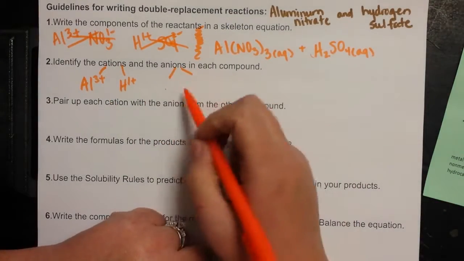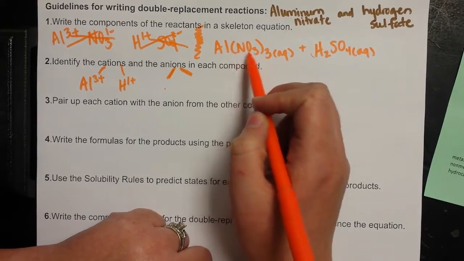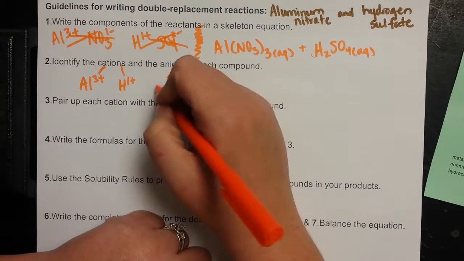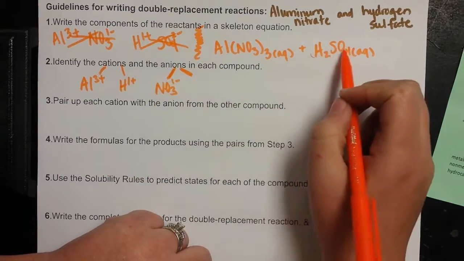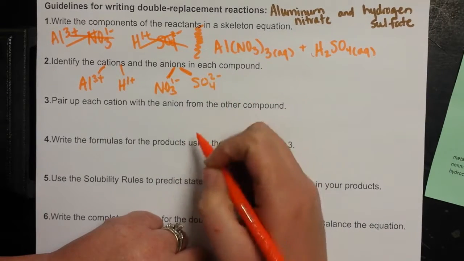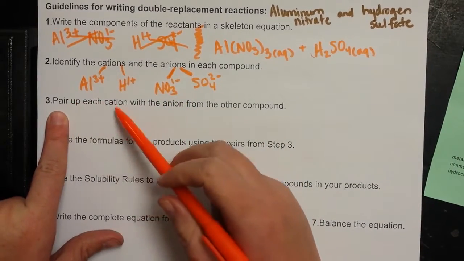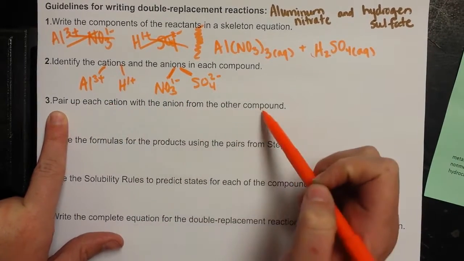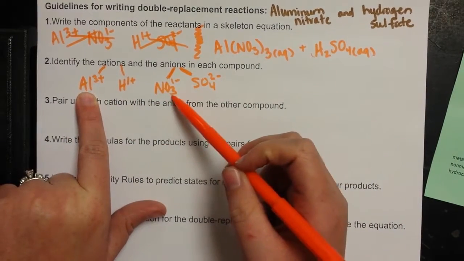And here's the other set, the anions. The anion from our aluminum nitrate would not be aluminum, so it must be nitrate, NO3 1-. And then we've got sulfate over here, SO4 2-. What you want to do is pair up each cation with the anion from the other compound. Aluminum originally is with nitrate.